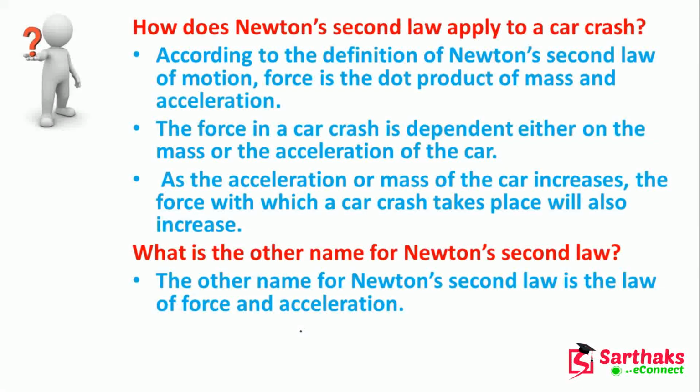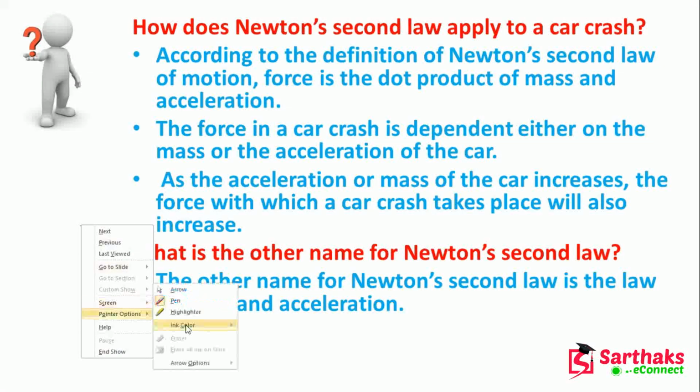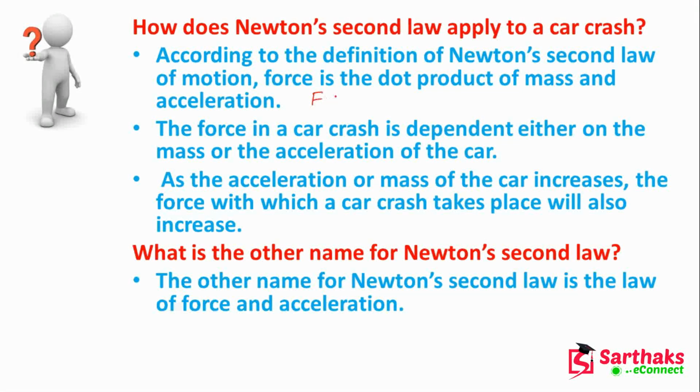Now, how does Newton's second law apply to a car crash? According to the definition of Newton's second law, force is the product of mass and acceleration. So here you know that force is mass into acceleration. Now the force in a car crash is dependent on either the mass or the acceleration of the car.